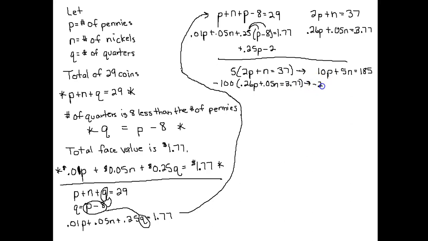So I'm going to get negative 26P minus 5N equals negative 377. Add them up. I got negative 16P equals negative 192. So P equals 12. All right, so apparently I have 12 pennies.